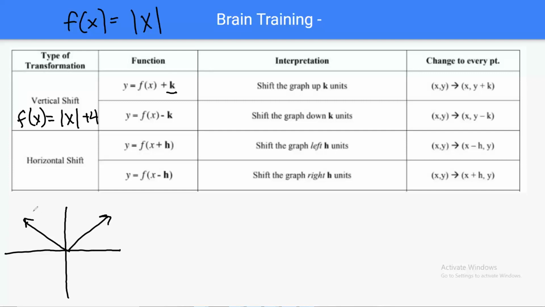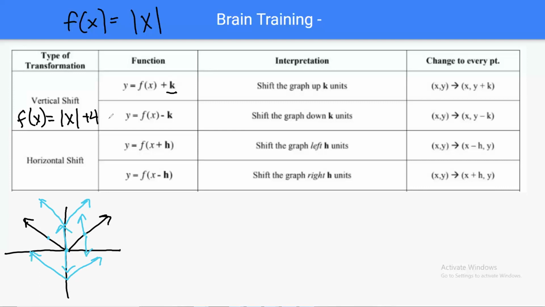That's my parent function. It looks like a V. I'm getting that, and I'm shifting this up or down, right? So each and every point on this function, I'm going to either shift it up or shift it down. Literally picking it up and moving it up, or I'm moving it down. Does that make sense?